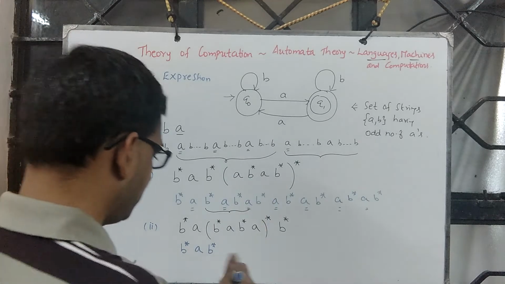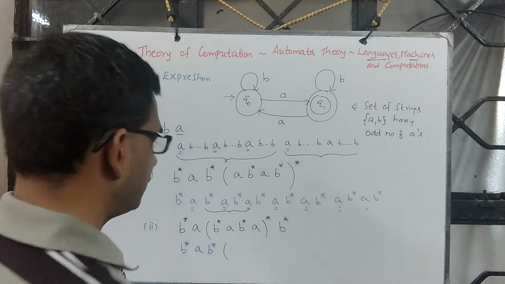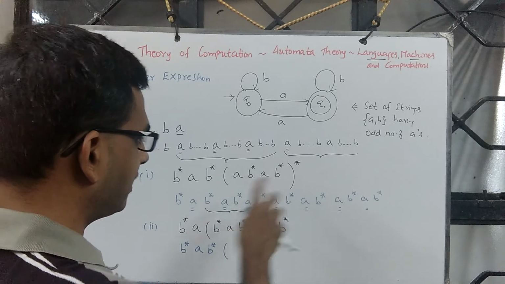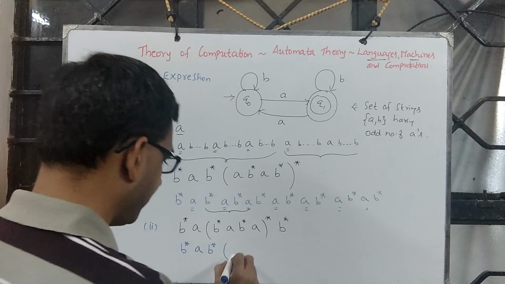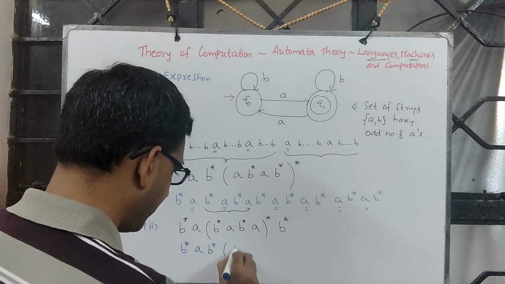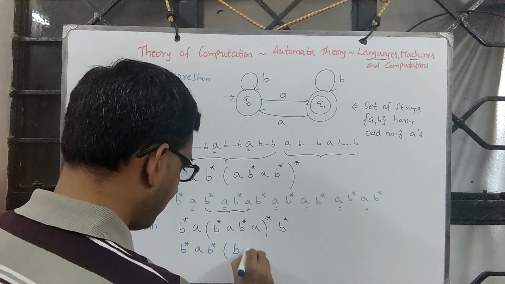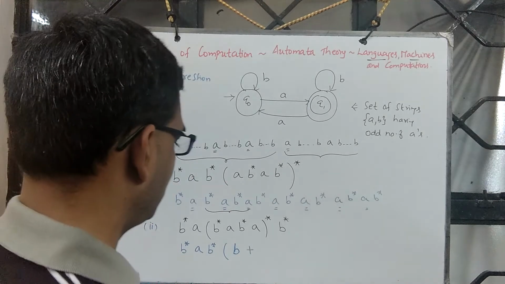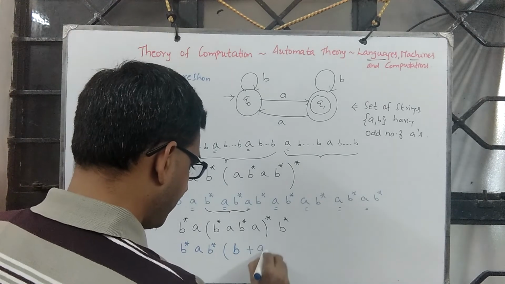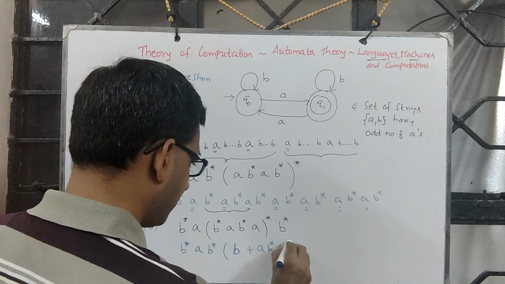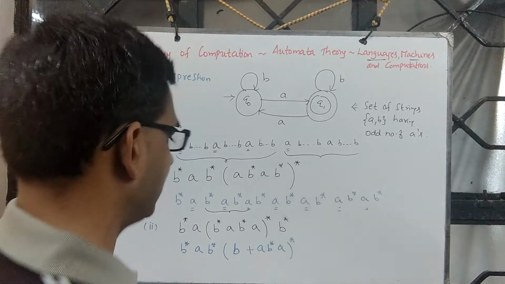This part, let's look at it this way. You get to see that we are reading B, right? So let me write B plus, let me write A, B star, A star.